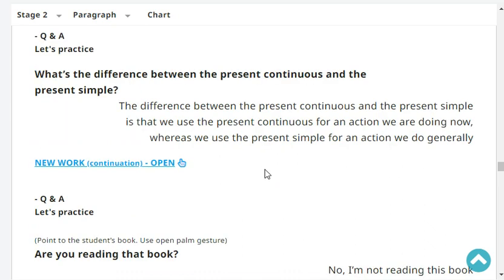Okay, so let's practice. What's the difference between the present continuous and the present simple?